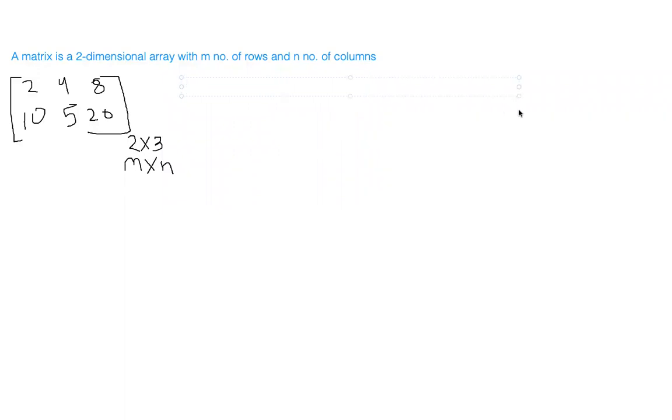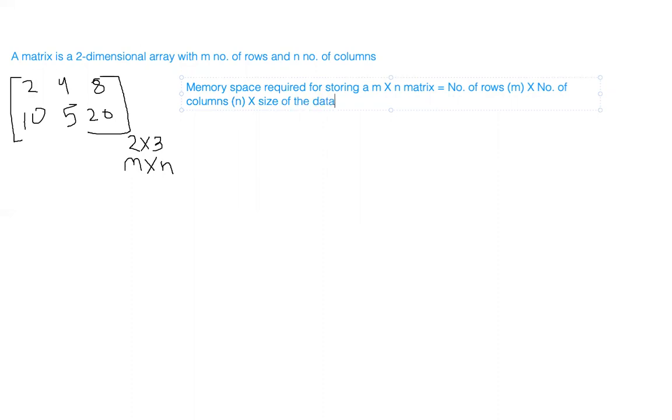So the memory space required for storing an m cross n matrix will be equal to m, the number of rows, into n, the number of columns, into the size of the data type stored.